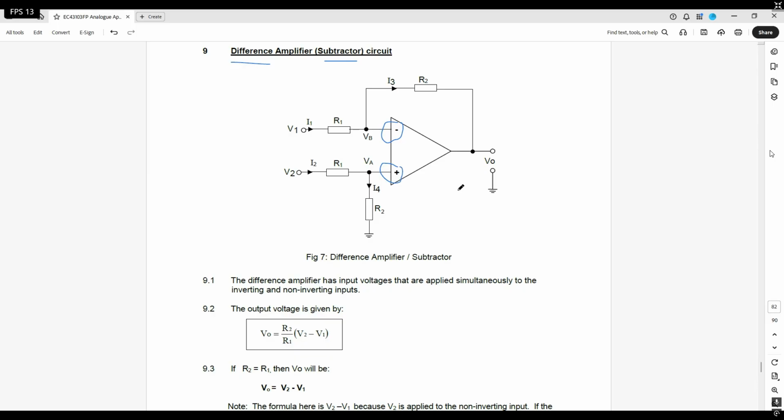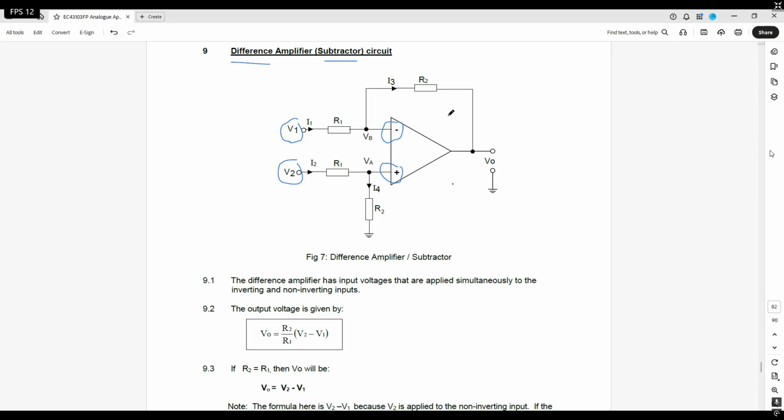Very interesting. Previously, only one input went to either the negative or positive input of the op amp. But now the input voltage goes to the negative input, and the input voltage also goes to the positive side. So you want to find out what happened.